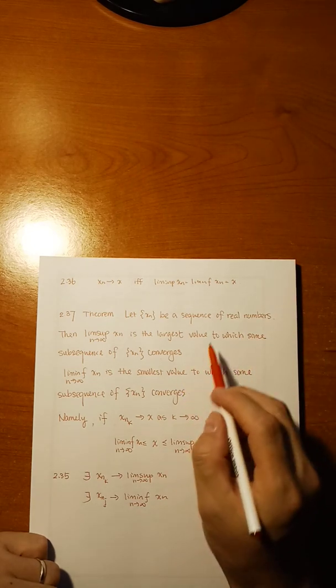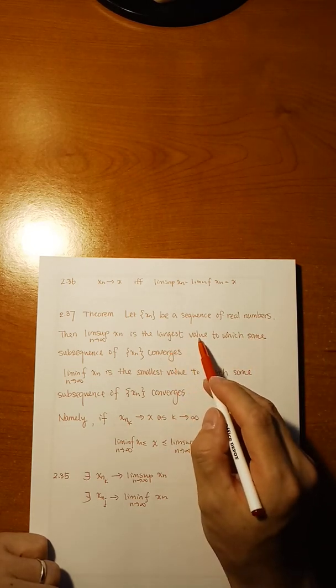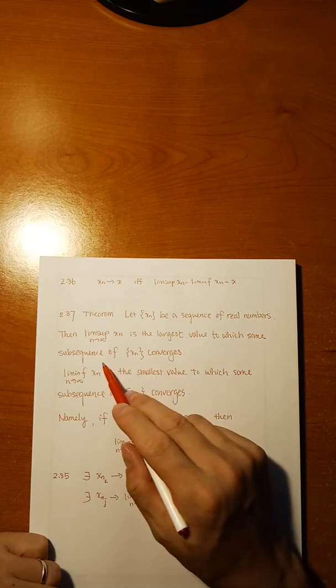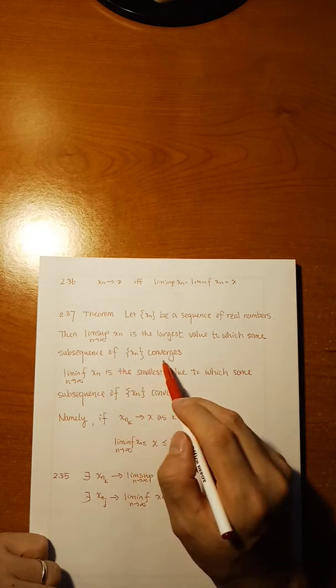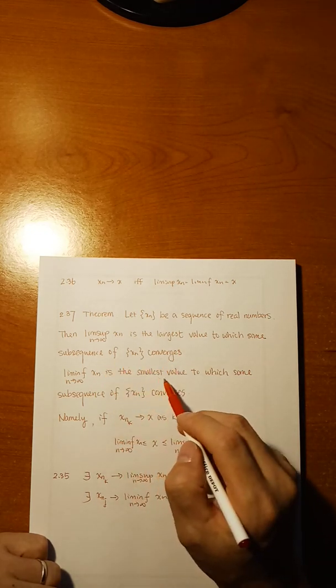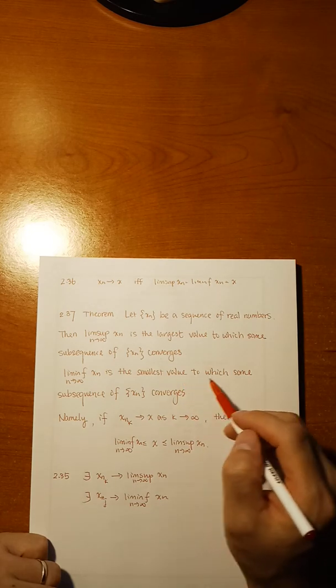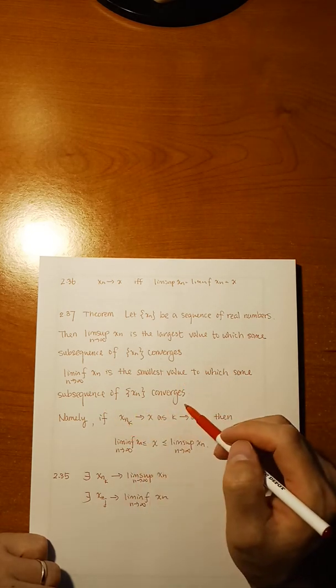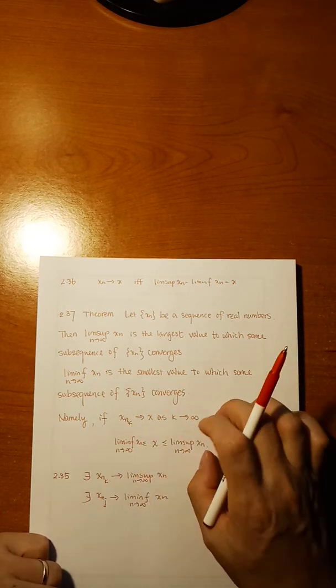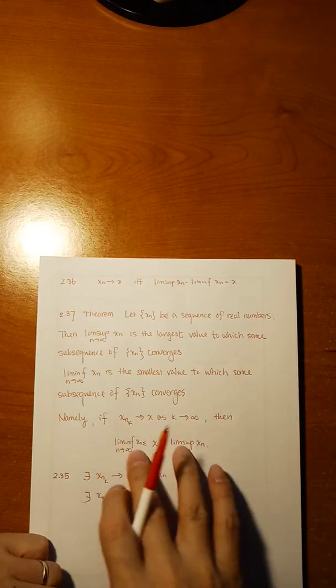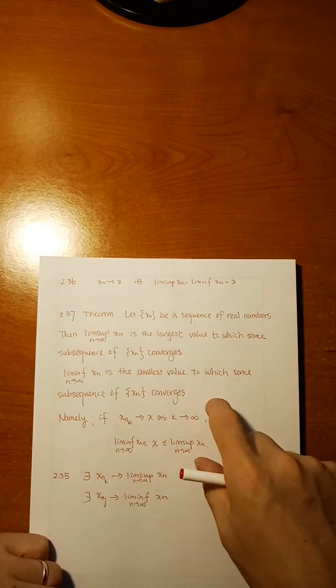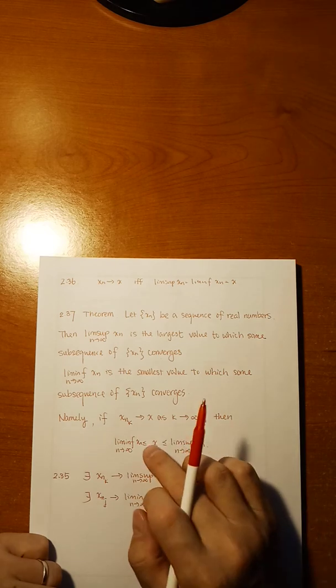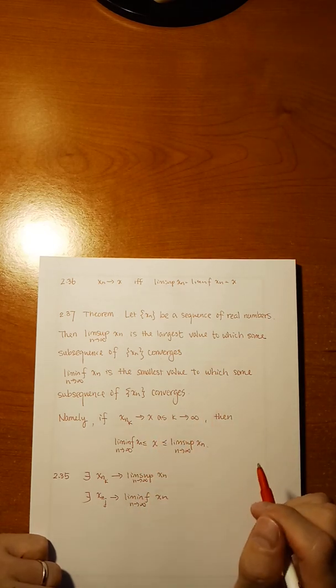Okay, so it's the largest possible value for the subsequence of xn to converge, or the smallest possible value to which the subsequence of xn converges. Here, we just say they are bounds, but this part doesn't claim the existence of a subsequence.